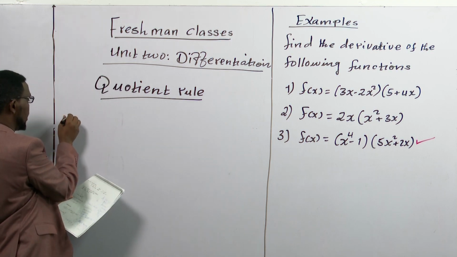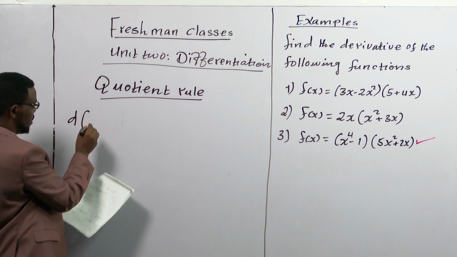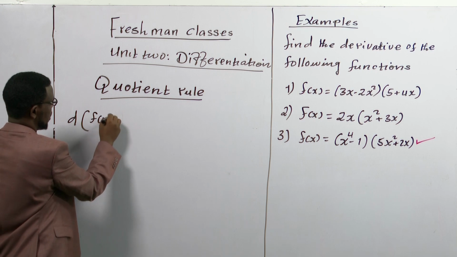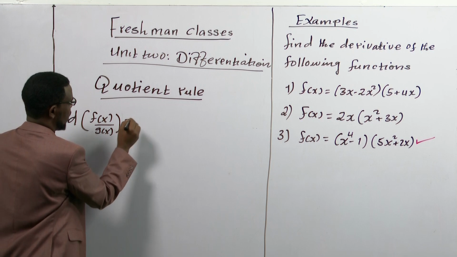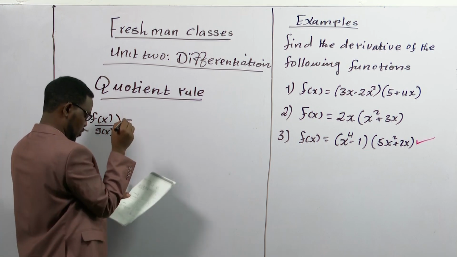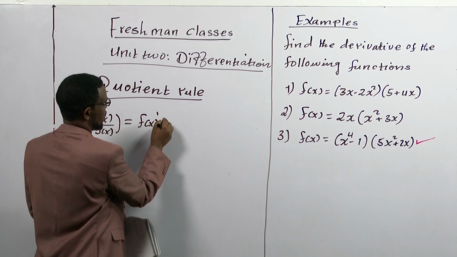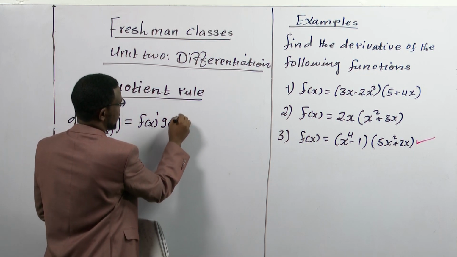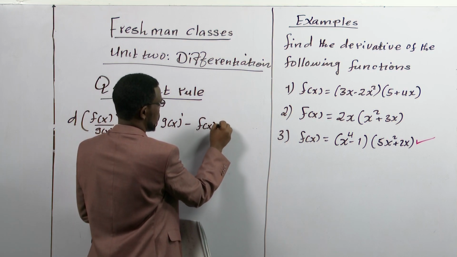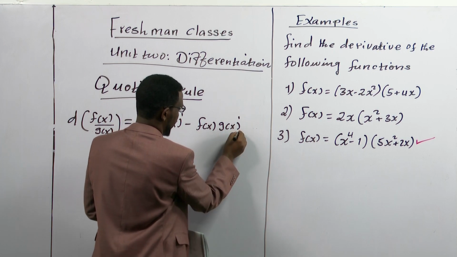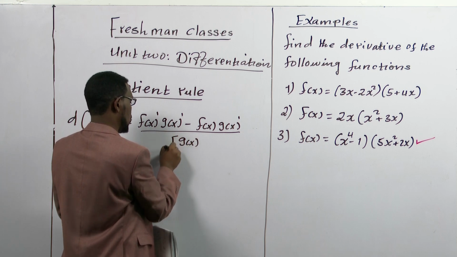The derivative of f of x divided by g of x is equal to f prime of x times g of x minus f of x times g prime of x, divided by g of x whole square.